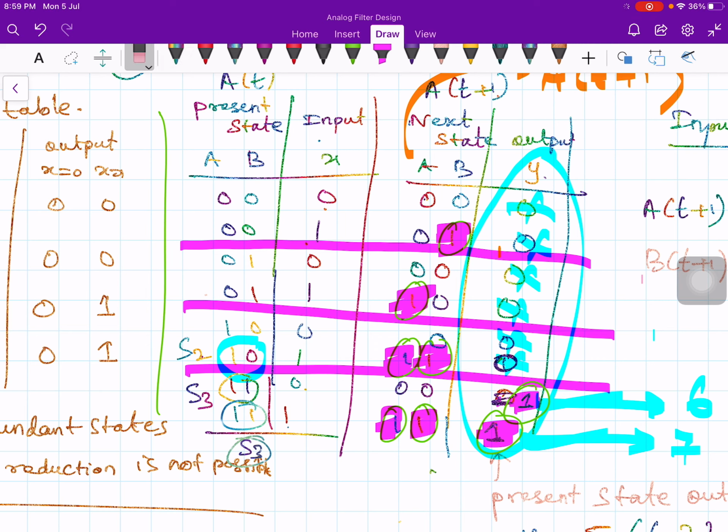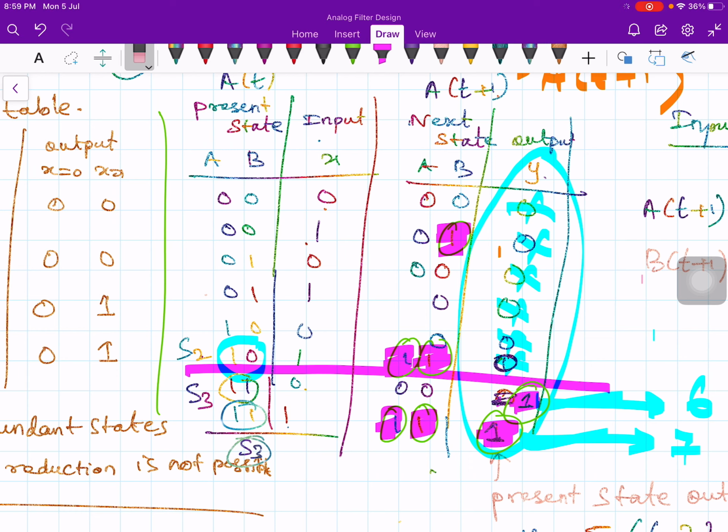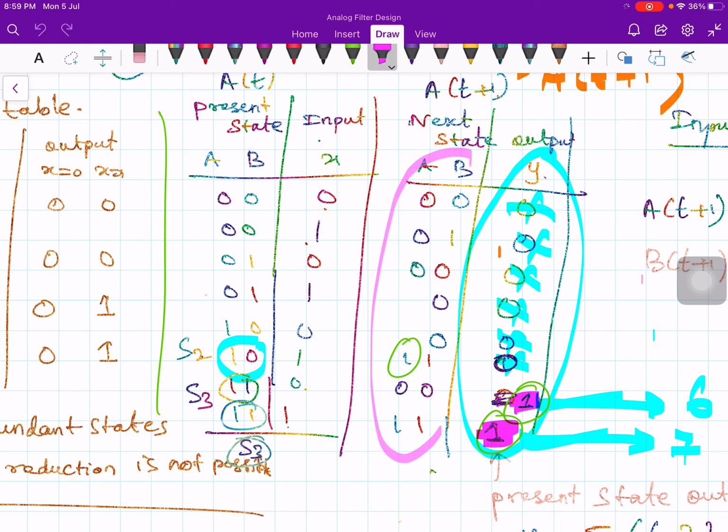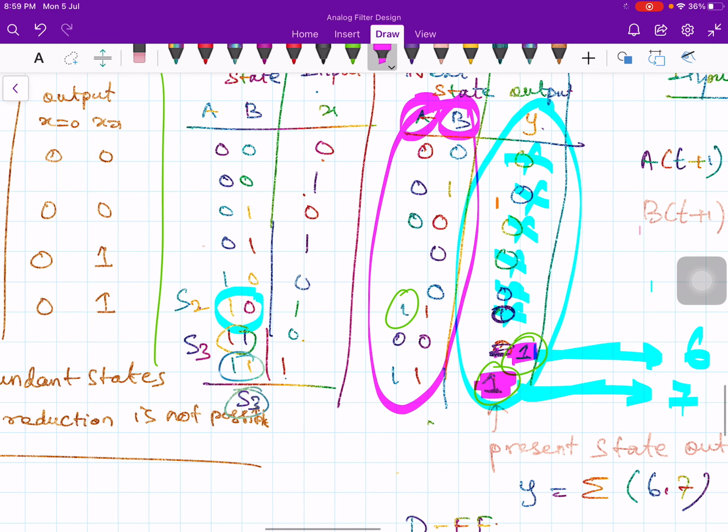So if you look at this next state table, look at this column, you can directly write down the input equation for A and the input equation for B. But this is not the case for JK and T types of flip-flops.